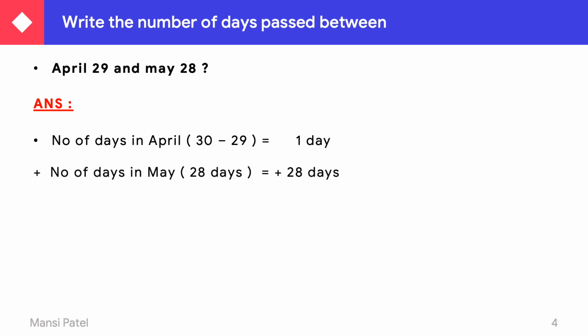Now plus the number of days in May. We have to count till 28 May, so from 1st May to 28 May there are 28 days. Add both: 1 plus 28 is equal to 29 days. So 29 days passed between 29 April and 28 May.